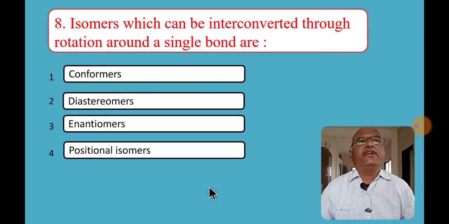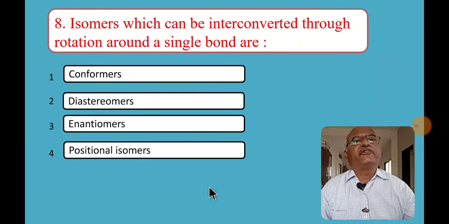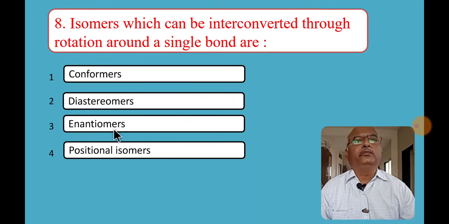Question number 8. Isomers which can be converted through rotation around a single bond are conformers, diastereomers, enantiomers, positional isomers. So remember, diastereoisomers and enantiomers are related to optical activity.